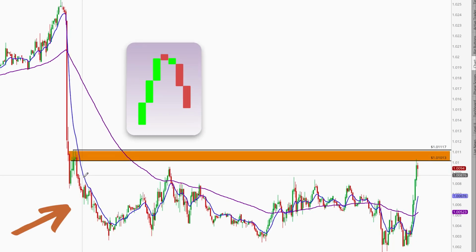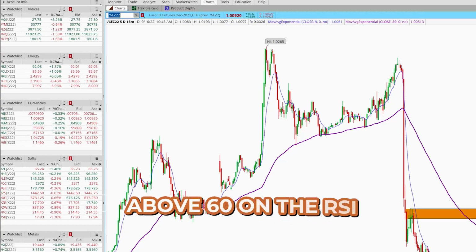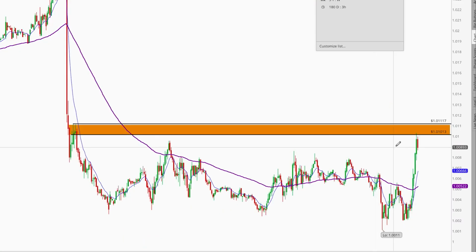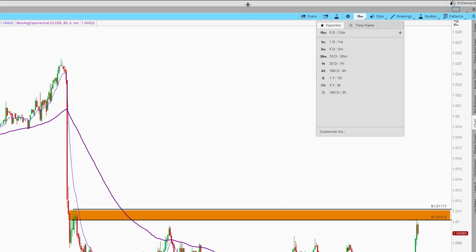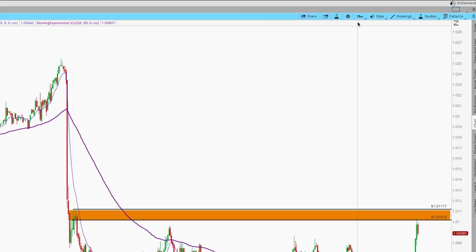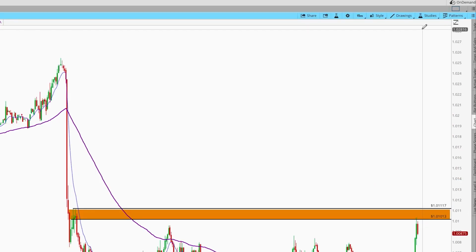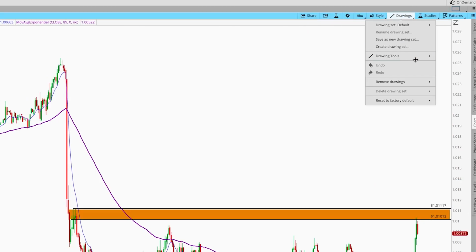It does have a rally-based drop with proper follow-through, but some indecision here. We are above 60 on the RSI, so lots of bullish pressure. We're unlikely to make a new low down here, but that's still a very long ways away, right? So what I like to do is, if I was going to take this trade and get this to you guys in time, is I would like to take my first target at, if not the most recent low, the one after that.